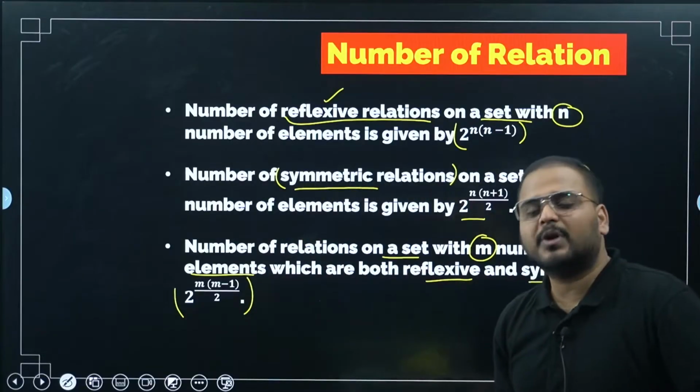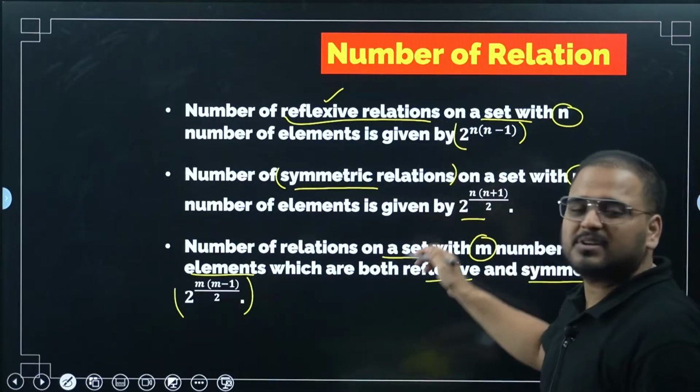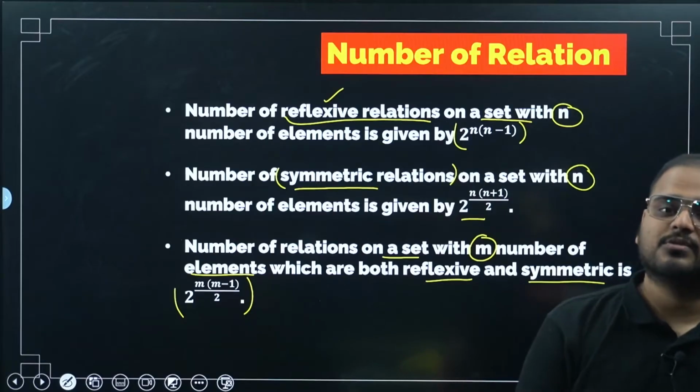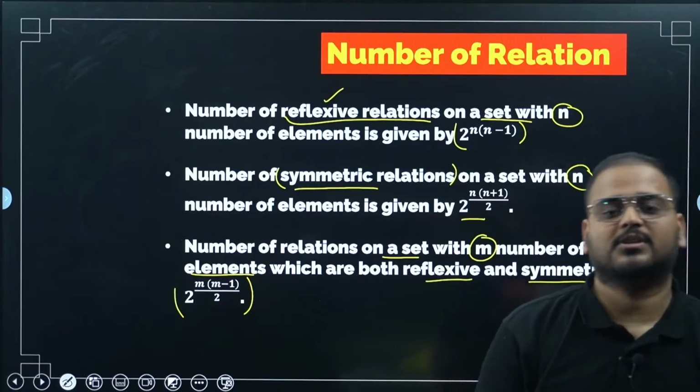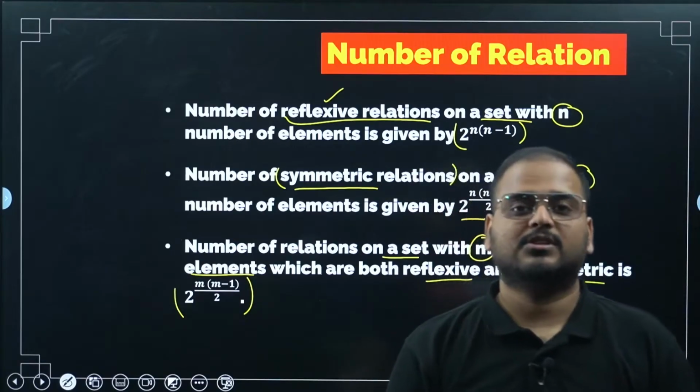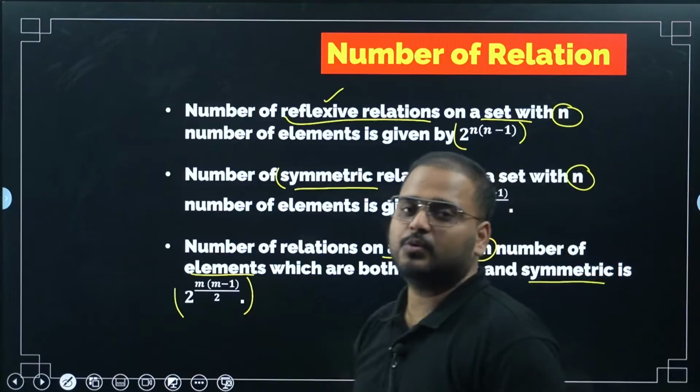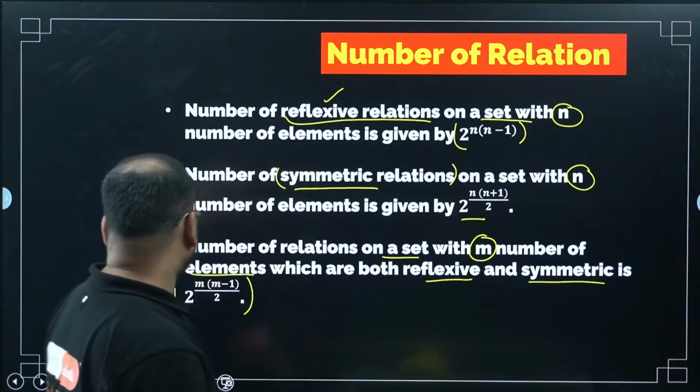Some extra information but good to have. 3 simple formulas. If a question is asked on this, why miss any marks? Make sure you keep it in your mind going into your examination.